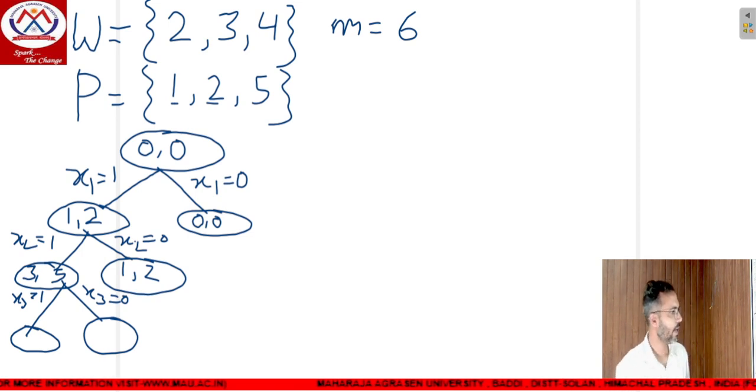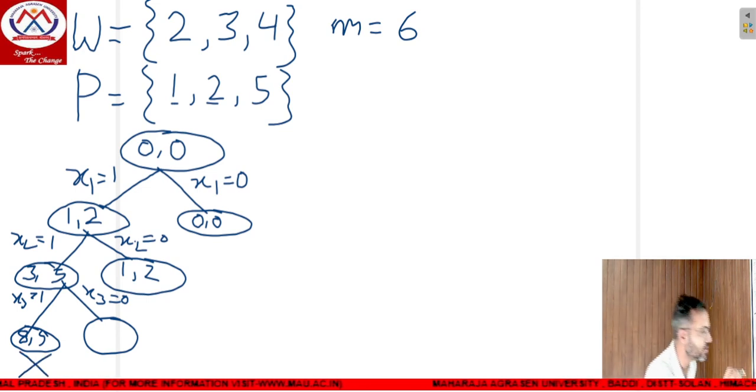Now we have taken the third weight, which is 4. After adding that weight, the total weight becomes 5 plus 4, that is 9, and the profit is 1 plus 2 plus 5, that is 8. We will kill that node.